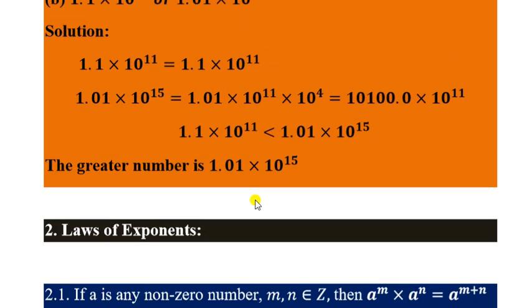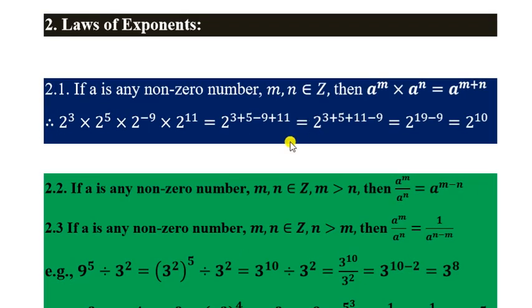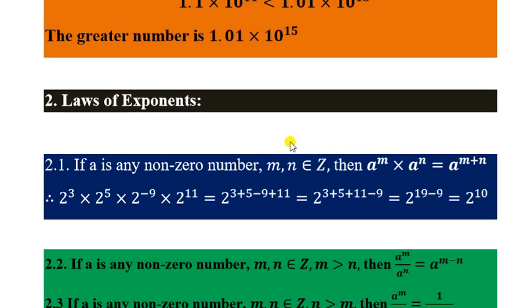Now we'll discuss the laws of exponent. The first law: a to the power m and a to the power n, when the base is the same and the exponent is different. See, a is the base here, and here also a is the base, and here exponent m and here exponent n.